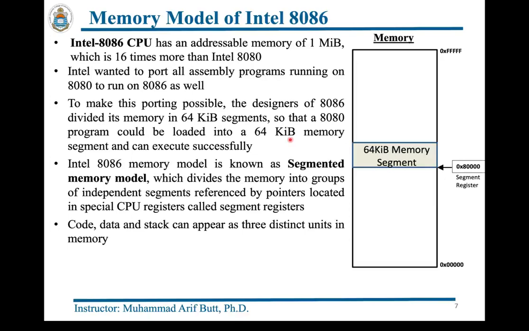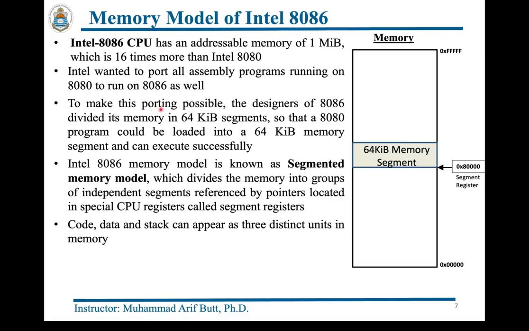So Intel 8086 has an addressable memory of 1 megabyte, which is 16 times more than Intel 8080. The designers of 8086 wanted that all the assembly programs running on 8080 should also run on 8086.